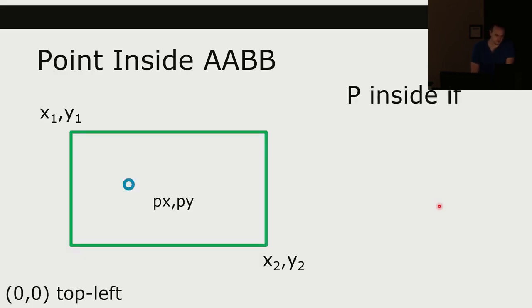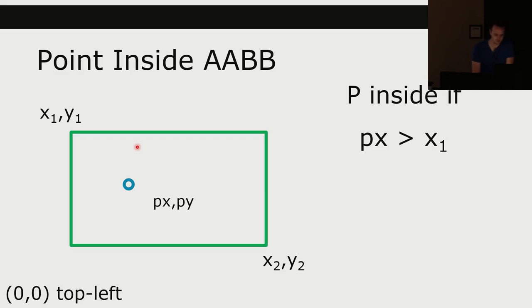So how would we detect if this point is inside the rectangle? Well, I'm sure that you could all very easily write this algorithm. But if we are taking 0, 0 as the top left corner, and so x increases to the right and y increases down, just like SFML does, then essentially this point is inside if it's within the rectangle. So how do we say within the rectangle?